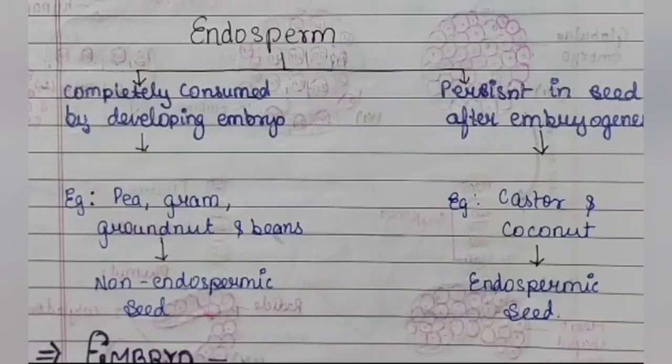Now, if we talk about the endosperm, there are two cases: whether it gets completely consumed during embryo development or whether it remains even after the embryo is developed. If the endosperm remains in the seed, that is known as an endospermic seed.